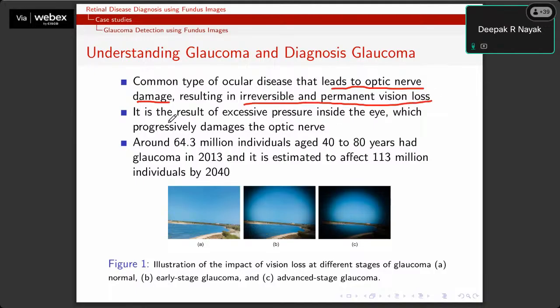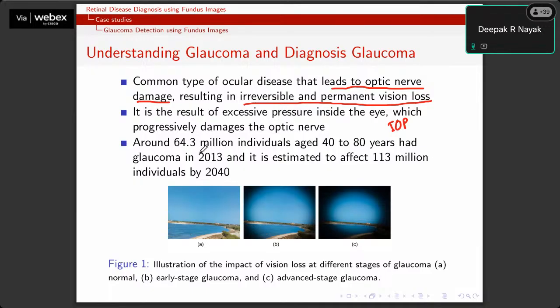It is basically caused by excessive pressure inside the eye, which we call intraocular pressure. I'll discuss how this pressure is built inside the eye and how it progressively damages the optic nerve in another slide.